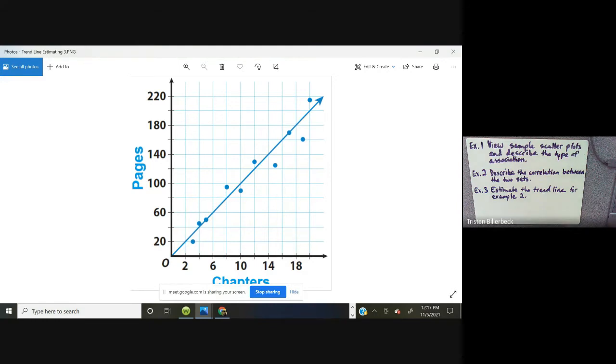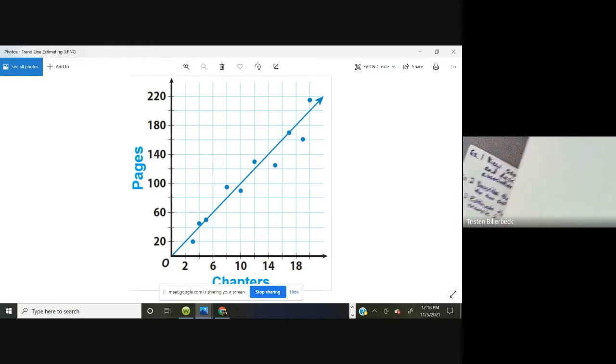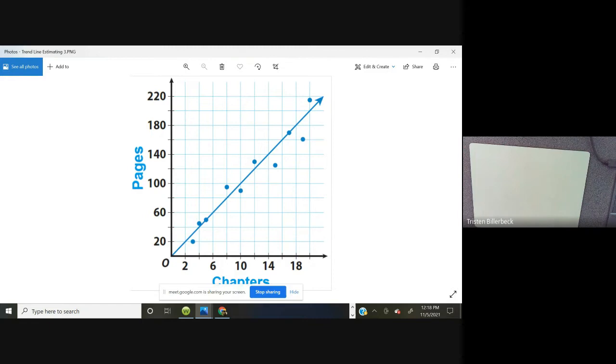Let's take a look at another one. We can also estimate the line of best fit. To do that, first we want to find 2 points. If we find 2 points, then from those 2 points we can go ahead and find the slope and the point slope.